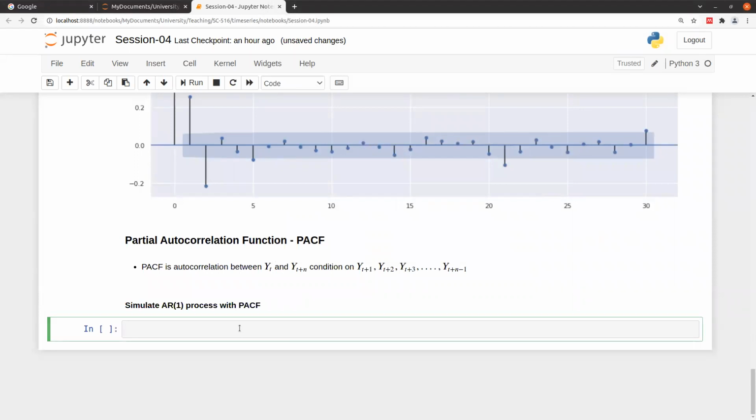The equation is y_t equals alpha_1 times y_{t-1} plus epsilon_t.